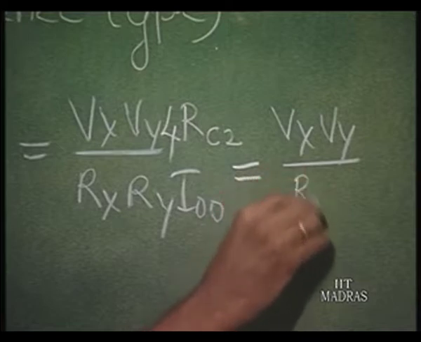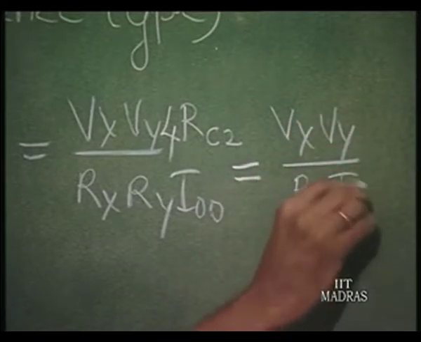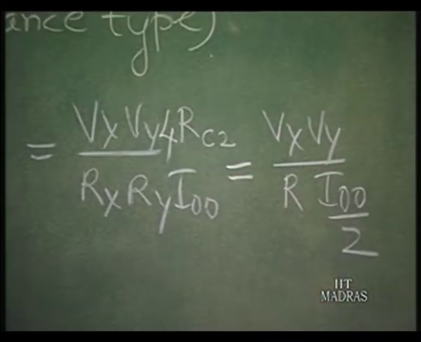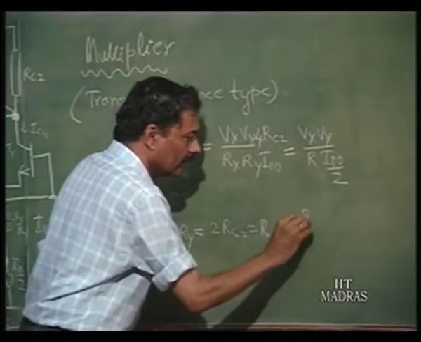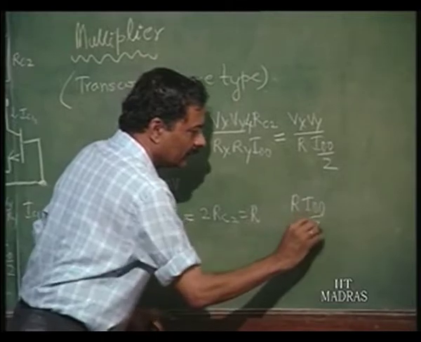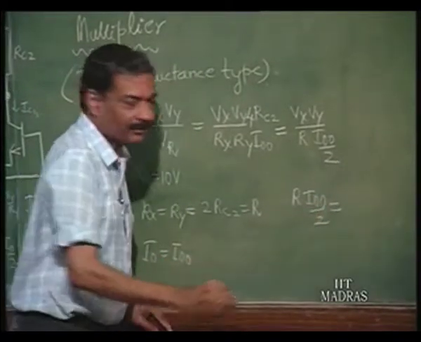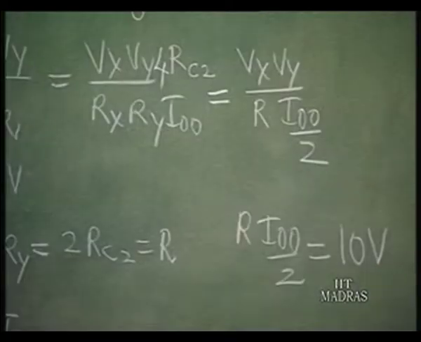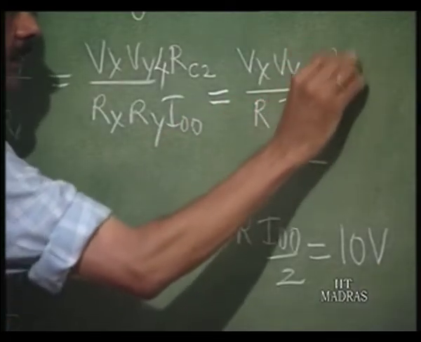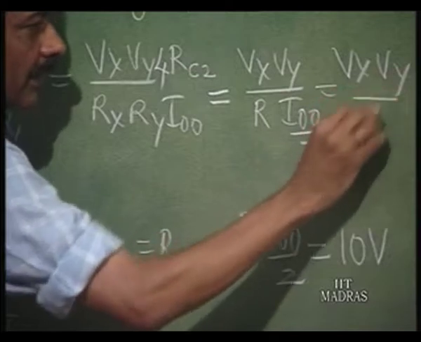So, we get R I naught naught by 2, and this R I naught naught by 2 is made equal to 10 volts. Therefore, this becomes equal to Vx Vy by 10 volts.